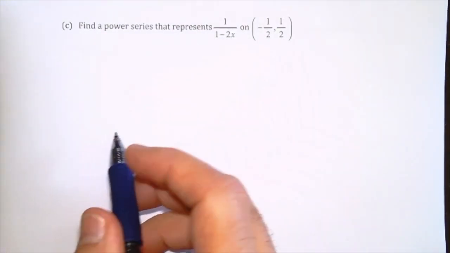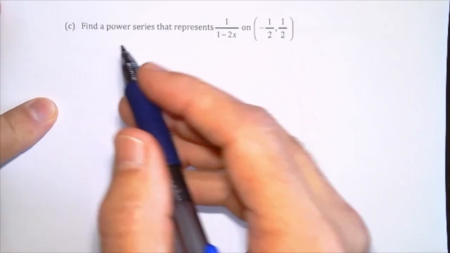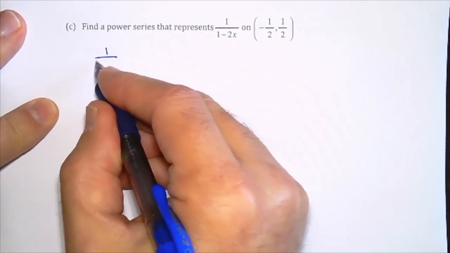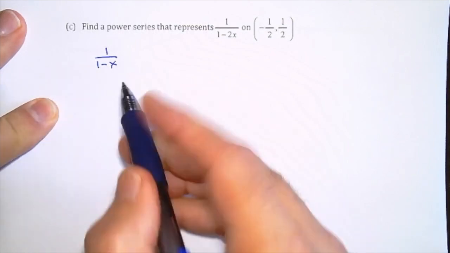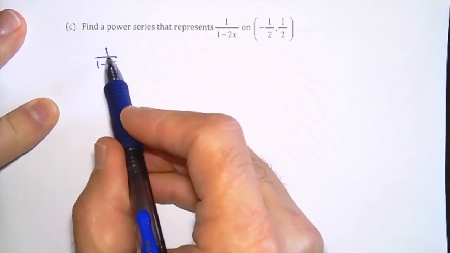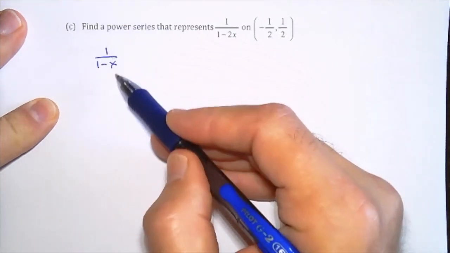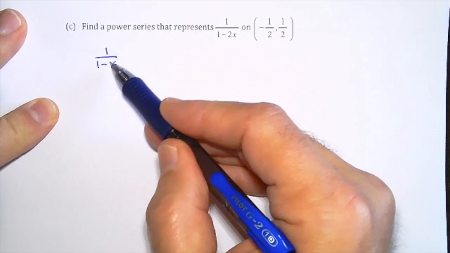Okay? What we want to go back and look at is just the regular power series, 1 over 1 minus x. Now this function can be represented by a power series because your first term is 1, and this just comes from a geometric series, and then your r is this x right here.